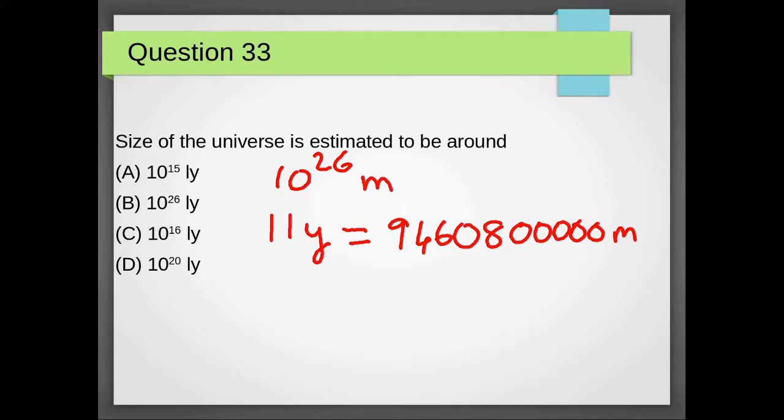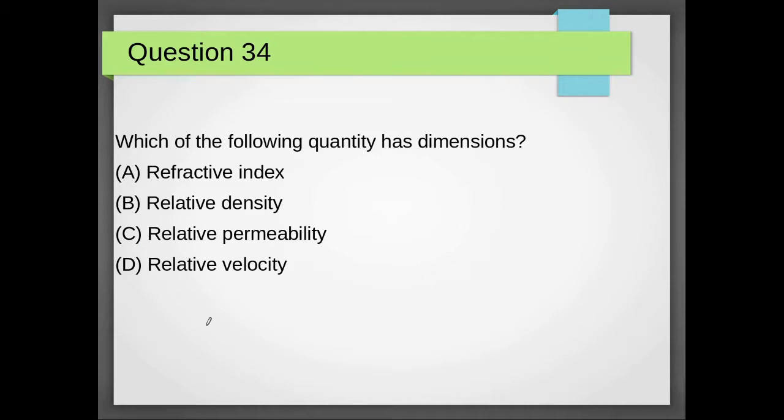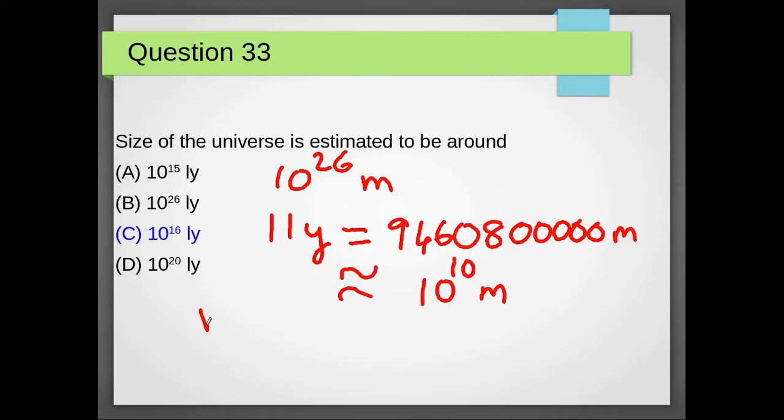So this I can approximate to about 10 to the power of 10 meters. Now when I divide the two figures, 10 power 26 divided by 10 to the power of 10, I'll get an answer which is option number C, which is 10 to the power of 16 light years.